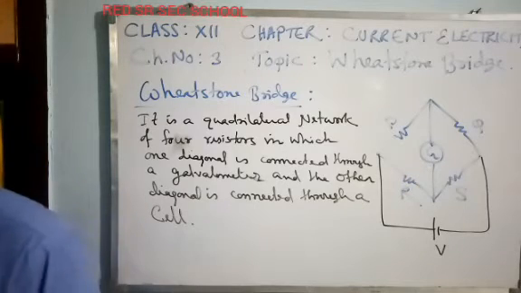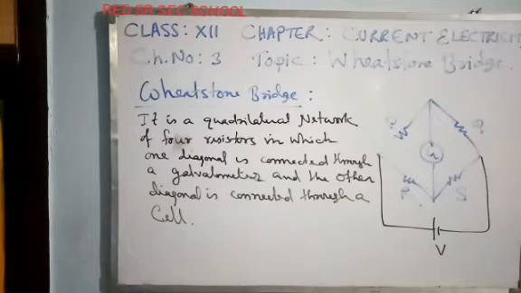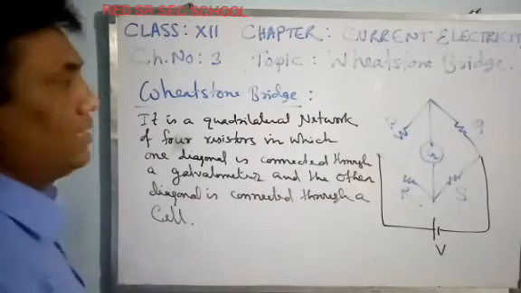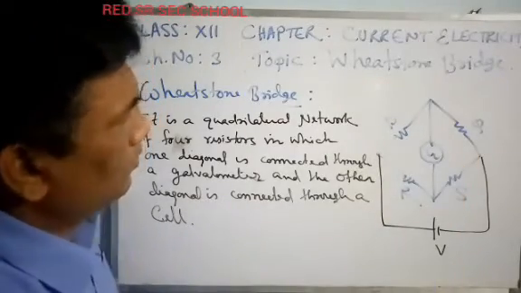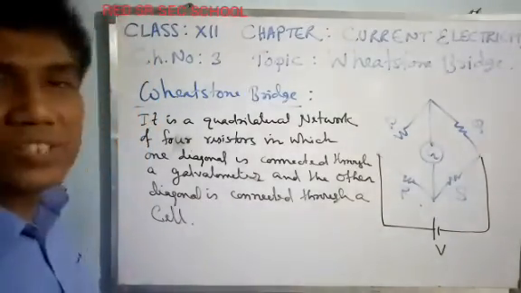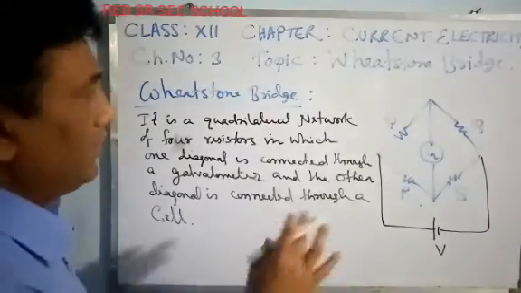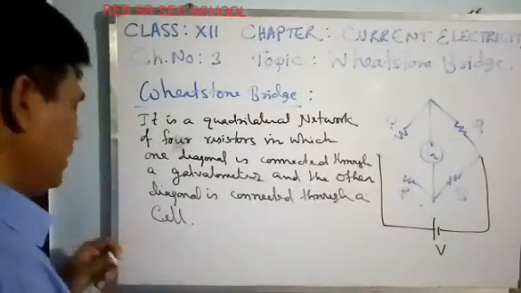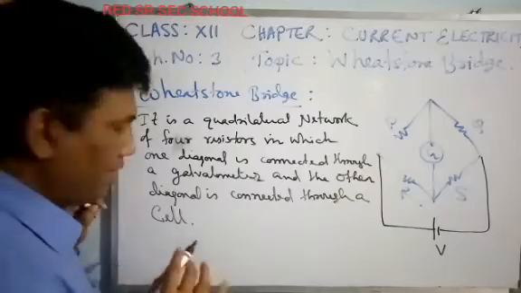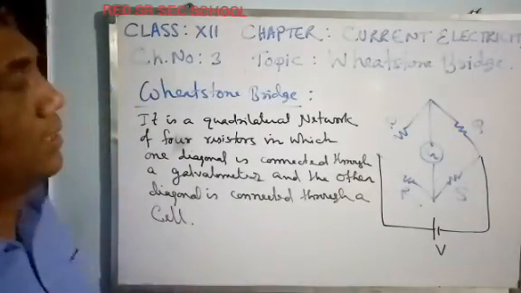But it is very important that at the very outset we should know the definition. So it is the basic definition of a Wheatstone bridge. And why is this to be studied, and what's the use of it? The basic use of the Wheatstone bridge is to know the value of unknown resistance.